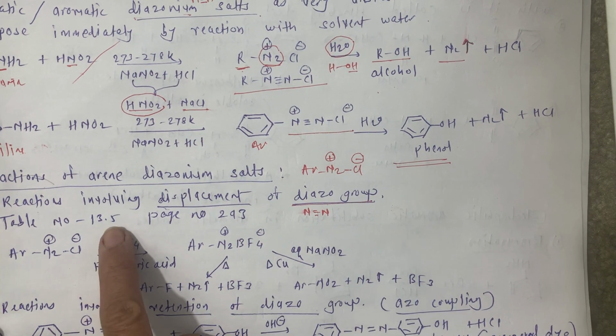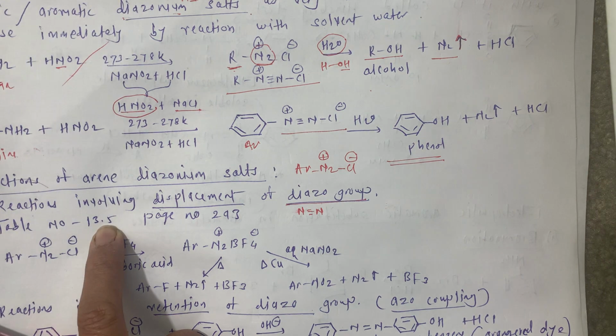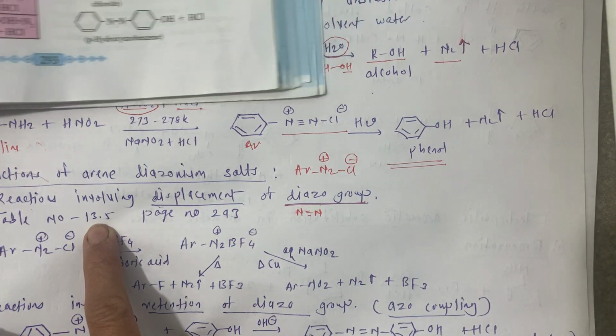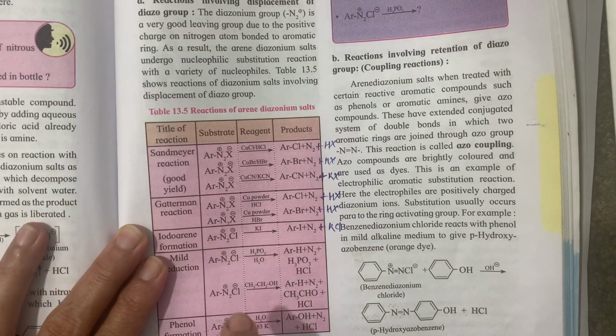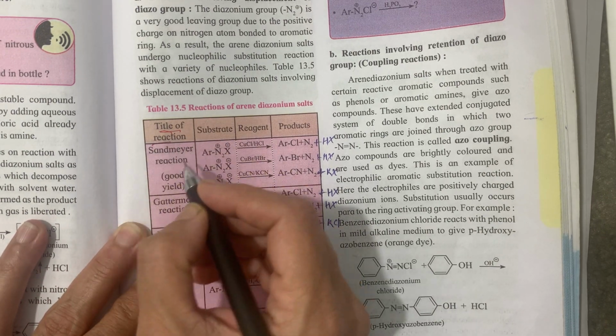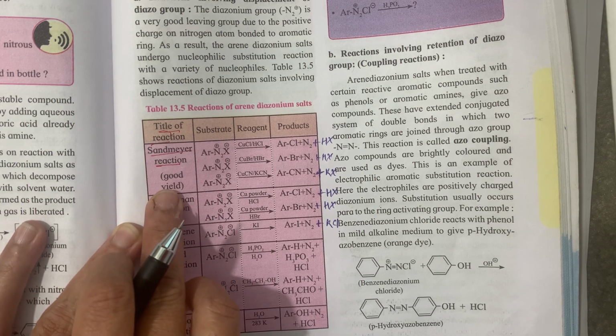Now for that we are going to see the table given in our textbook on page number 293, table number 13.5. See, so many reactions are given. The title of the reaction is given, the naming reaction, the Sandmeyer reaction, where we get a very good yield.